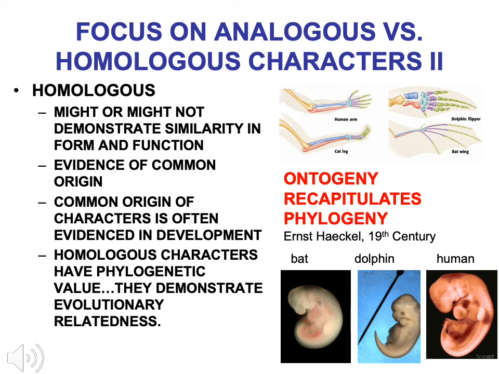Ontogeny recapitulates phylogeny is a famous statement. It was made by a guy named Ernst Haeckel back in the 1800s. So homologous characteristics have phylogenetic value because they demonstrate evolutionary relatedness. And so therefore, all of these organisms qualify as vertebrate tetrapods because they have these shared characteristics.